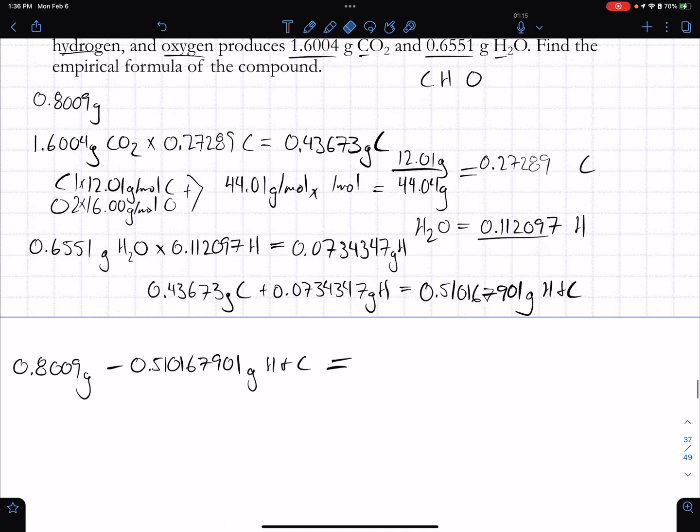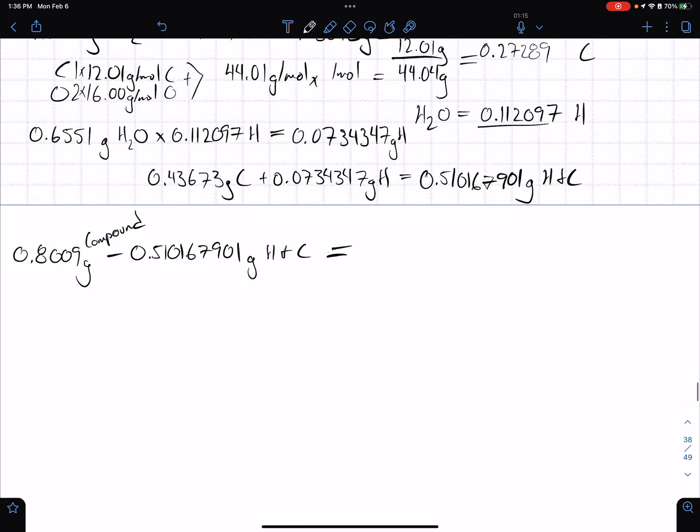This is just the grams of the compound. So if we subtract out the mass of the hydrogen and the carbon from the mass of the compound, 0.8009 minus that whole long thing, then it's going to be 0.290732 grams of oxygen.